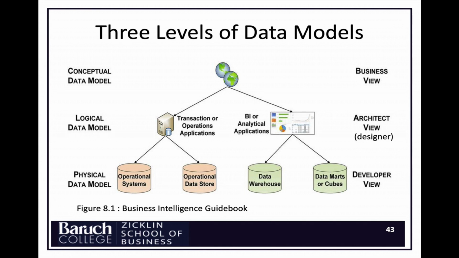It's usually shown here that when we do logical data modeling, we typically think of two sets of systems. One is the transactional and operational applications, which is a set of applications that we're going to do our day-to-day operations with. And the next one is the BI and analytical applications.